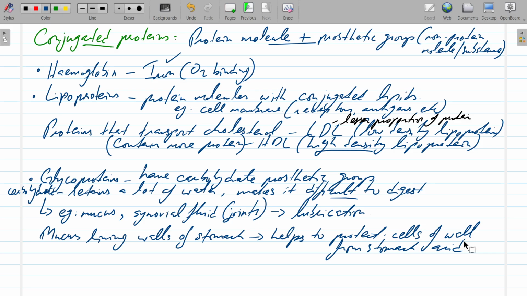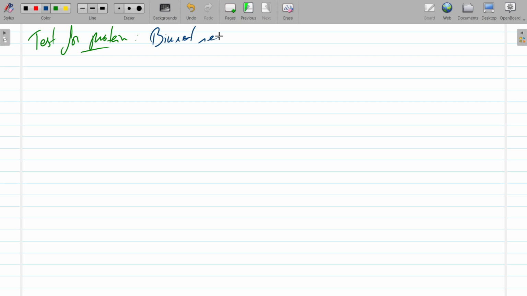Okay, if you have just a minute, a very last thing. You take something that is called a biuret reagent, and you mix it with a sample that contains protein, presumably.